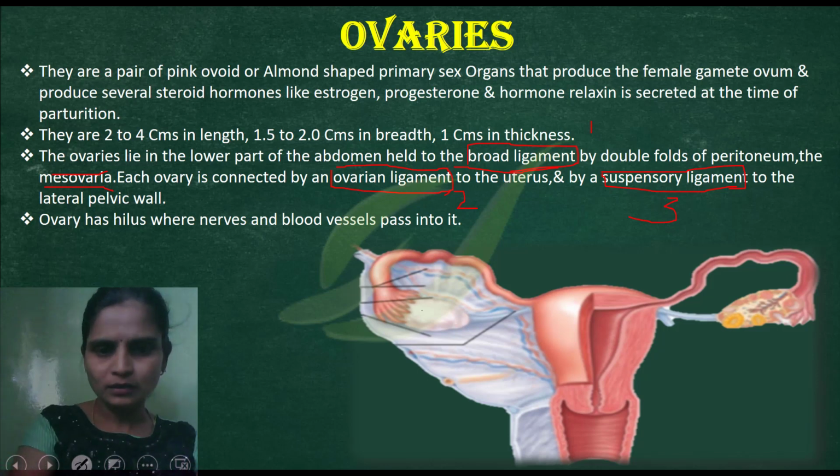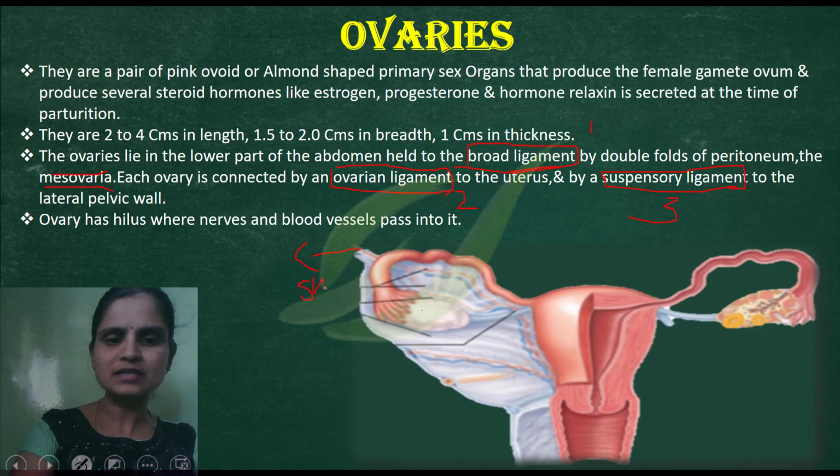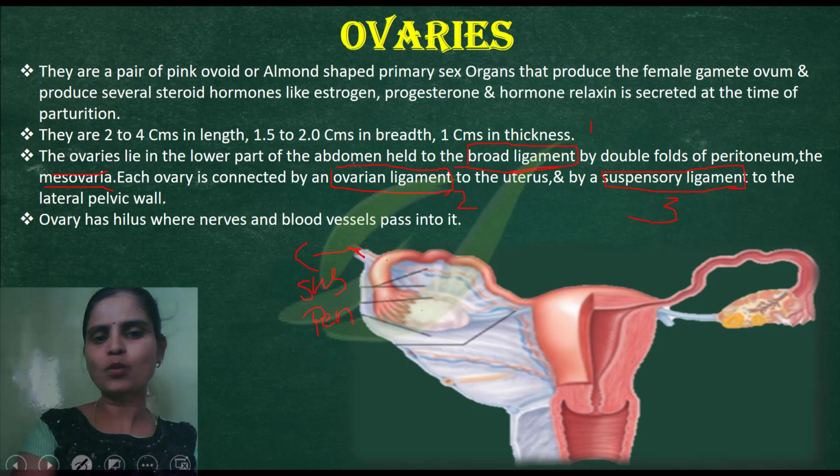Coming to here, this is the ligament called the suspensory ligament. This suspensory ligament will hold the ovary to the lateral pelvic wall.